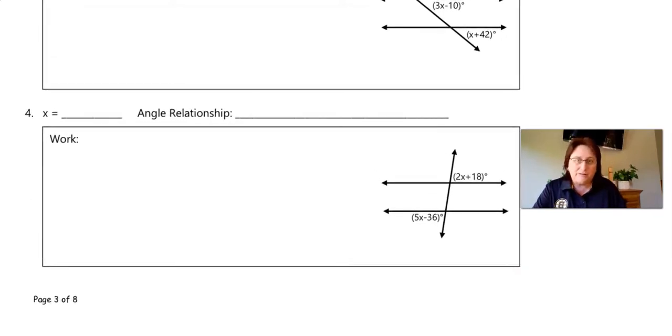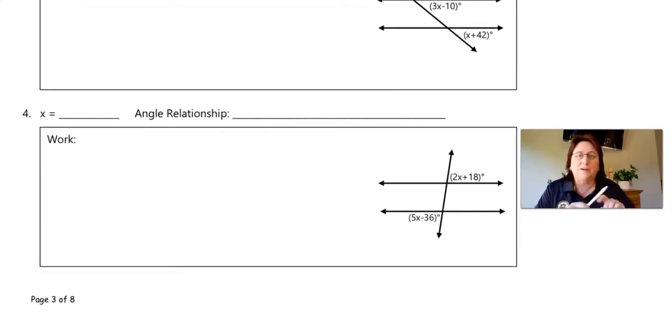Let's think about what that means. Let me get our thing situated here. There we go. We need to first determine the angle relationship of the angles we've been given. If we look at 2x plus 18 and 5x minus 36, we have to ask ourselves, what is the relationship between those two angles?